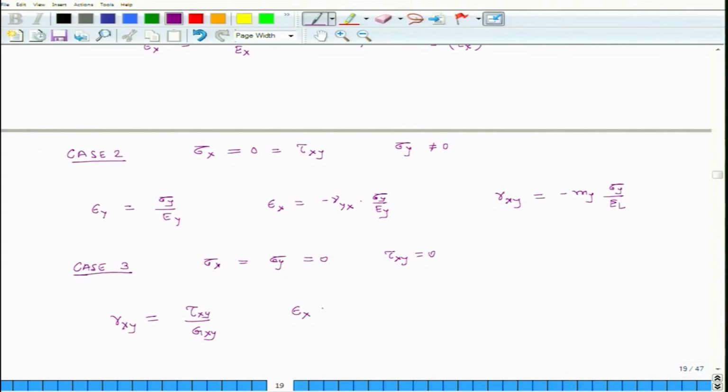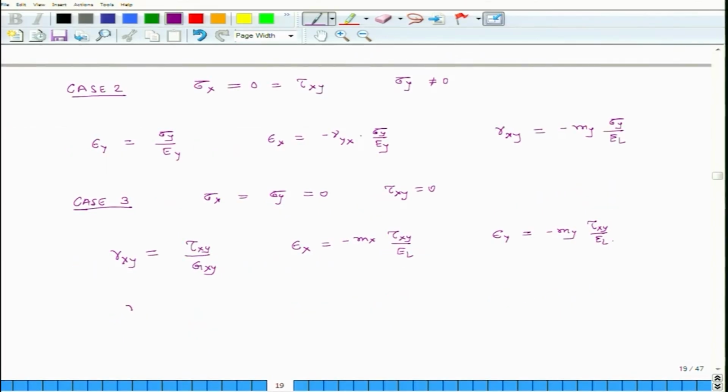So, it will generate epsilon x, and that is equal to, when we observe it, we find, and we will later prove these relations, minus mx tau xy divided by EL, and epsilon y equals minus my tau xy divided by EL.